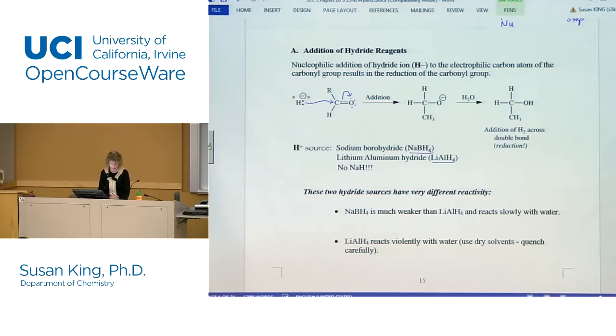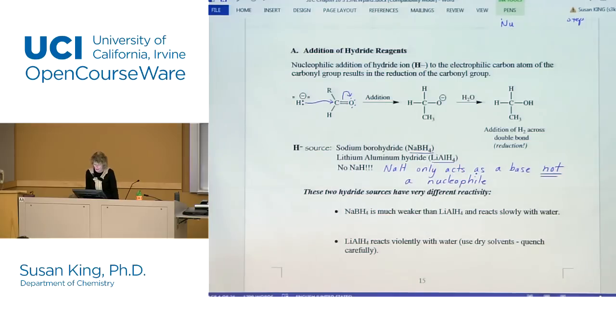Not sodium hydride, which only acts as a base, not a nucleophile. It seems like it should work, but it doesn't. So the reagents we're going to see are sodium borohydride, lithium aluminum hydride, and some other special ones that we will encounter as we go along in this chapter.